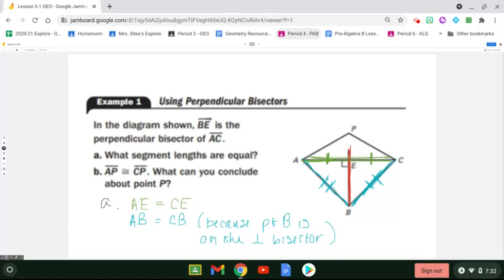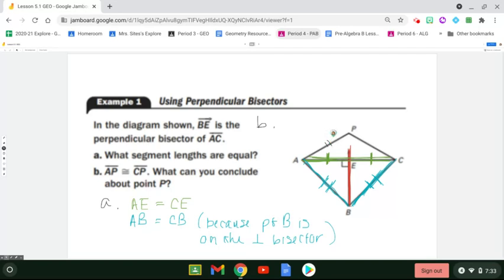Okay, so now let's take a look at part B. Part B says AP is congruent to segment CP. What can you conclude about point P? All right, so here's another fact they're giving.